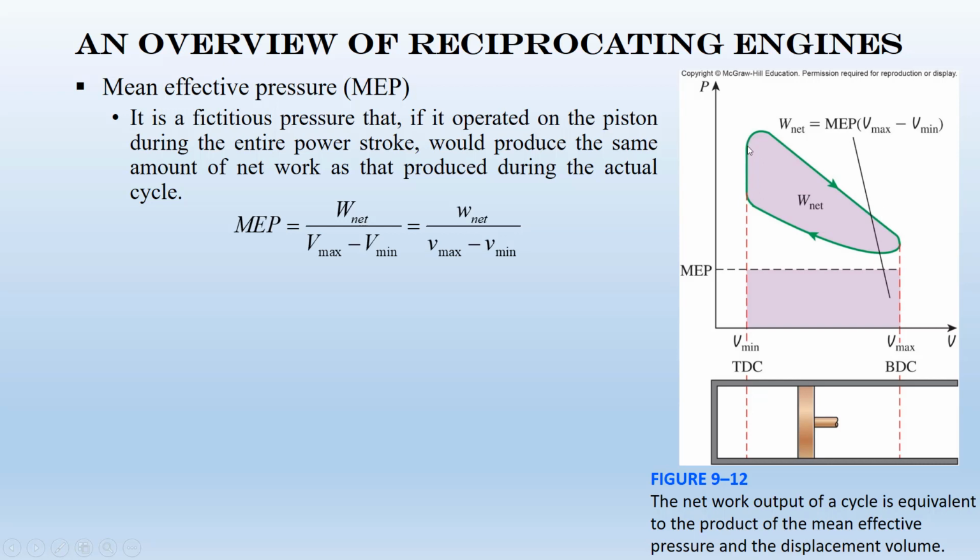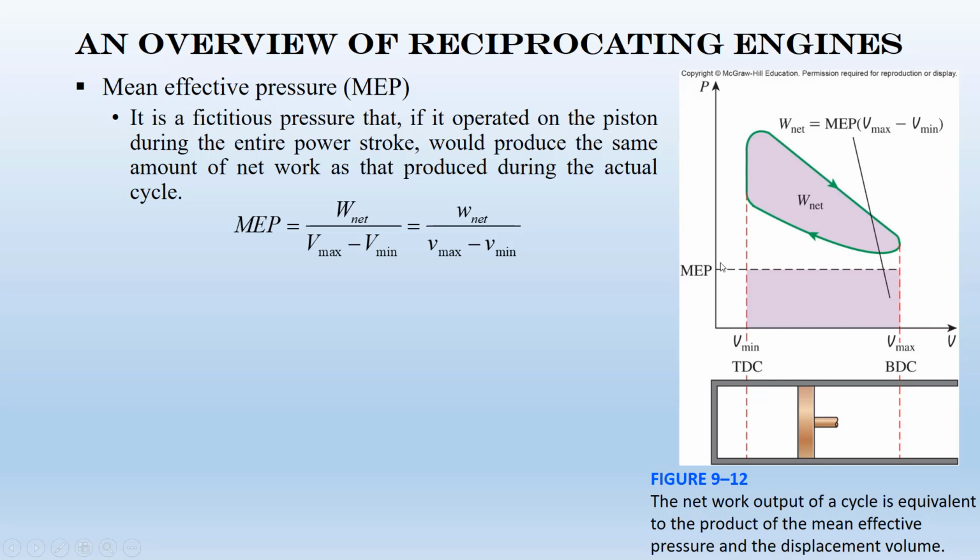The pressure changes. Now we can define a fictitious pressure, a constant value. The MEP, mean effective pressure, is this constant pressure. How can we define this pressure? We define it so that the area under the MEP line equals the W net.